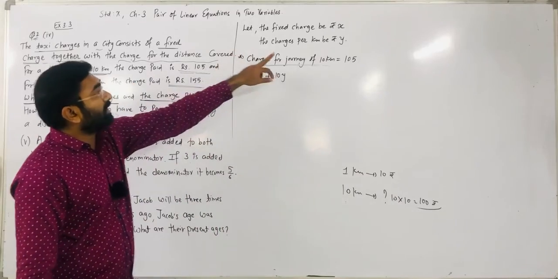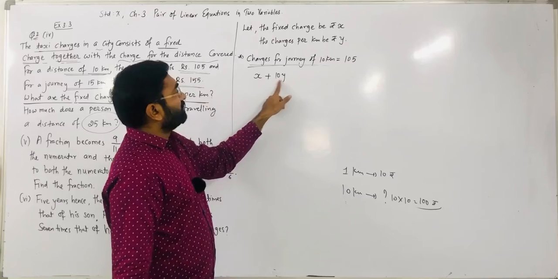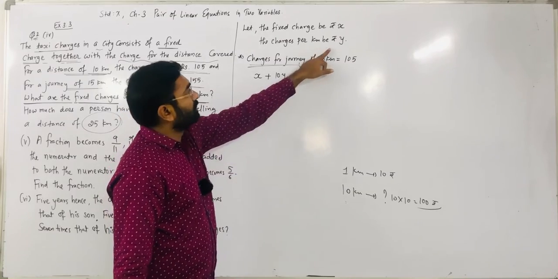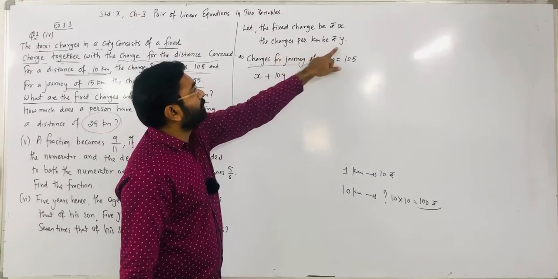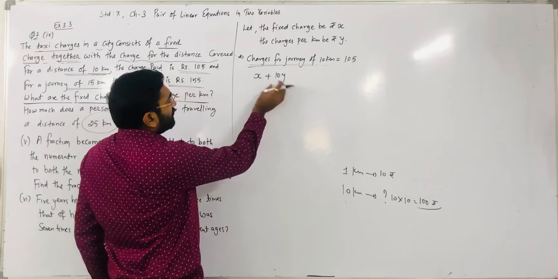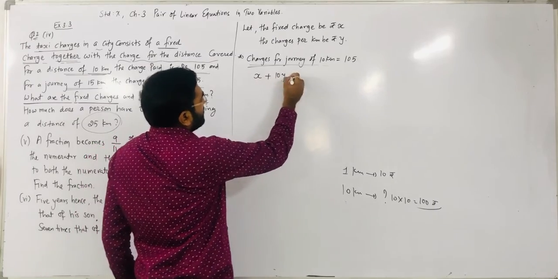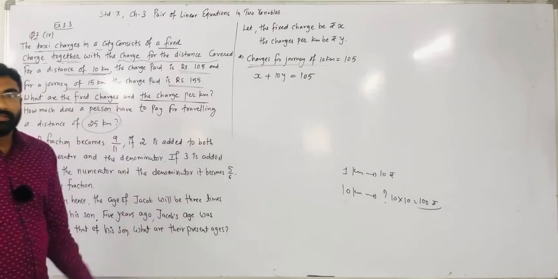In that way, the per kilometer charge is y rupees, so the 10 kilometer charge is 10y. And we also have to give the fixed charge. So the total amount given is 105.